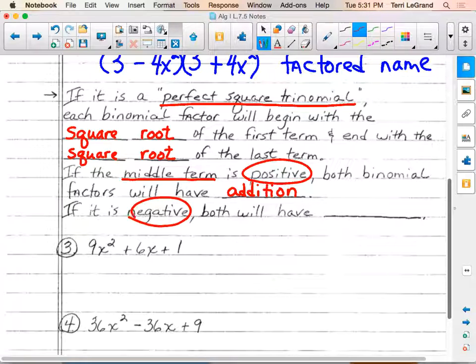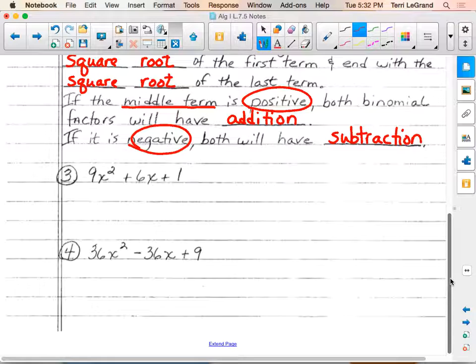If the middle term is negative, or in other words, it has a subtraction going on in front of it, then both factors will have subtraction. So remember, when we have a perfect square trinomial, it's a binomial times itself. So they both got to have the same sign going on in them.